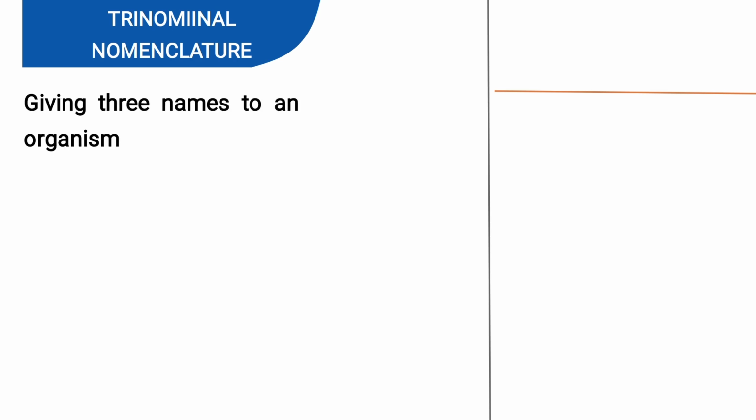And the next one, trinominal nomenclature. What is this trinominal? Tri means three, right? So here we give three names to an organism. As I discussed earlier, genus name and species name are the two names given. But here there are three names. There is one extra subdivision.